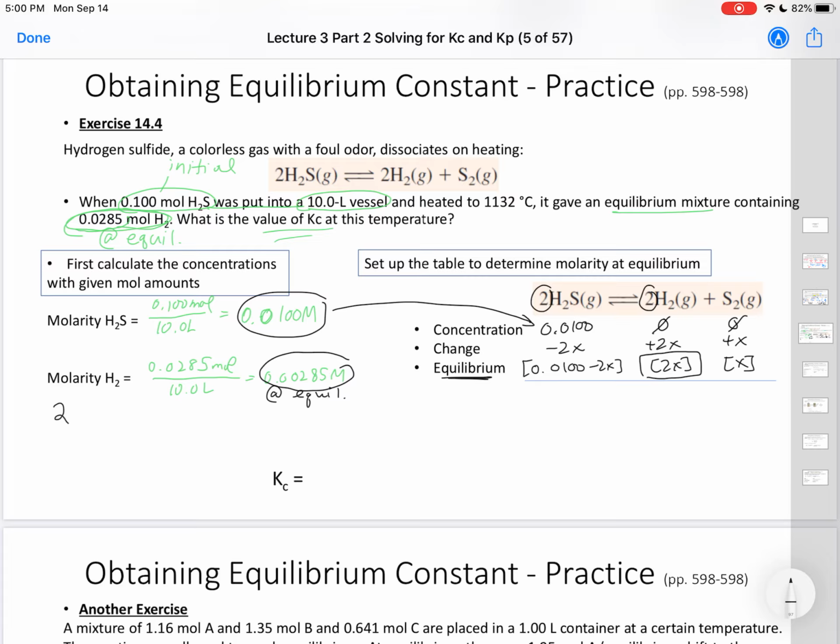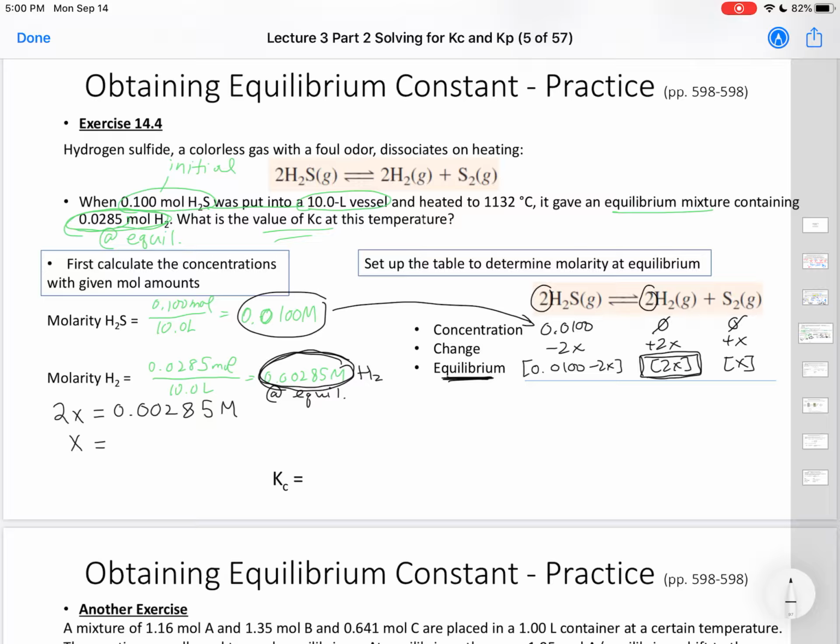So really what we're saying is 2x is equal to 0.00285. Again, I repeat, this is the concentration of the H2 at equilibrium. And 2x is the concentration of H2 at equilibrium. So therefore 2x is equal to this.